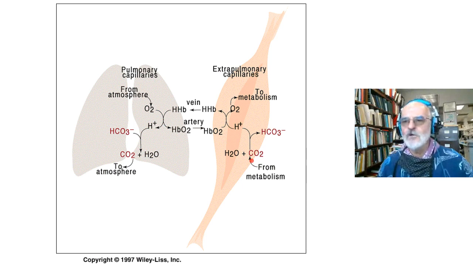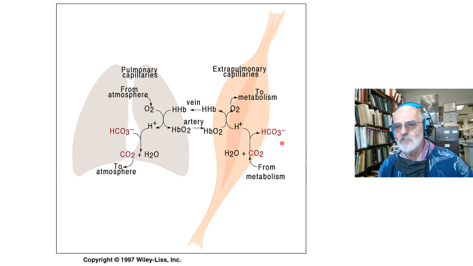So notice this has the bicarb over here, but this bicarb actually gets transported partially in the plasma, along with the proton on hemoglobin that gets transported in the erythrocytes. And then the bicarb and the proton then re-react and then dissociate to make CO2, which gets exhaled.